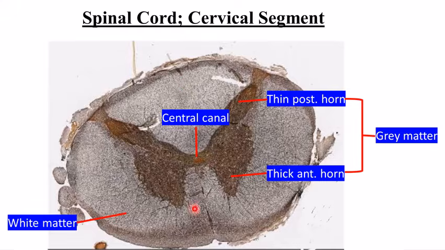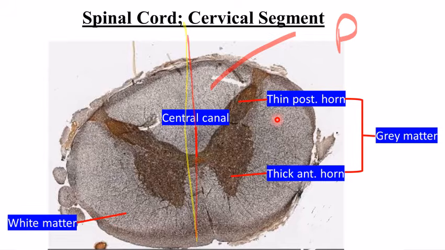Each half of the spinal cord section, I'm going to divide like this. I have 3 columns. One is the posterior column, present between the posterior median septum and the posterior horn.